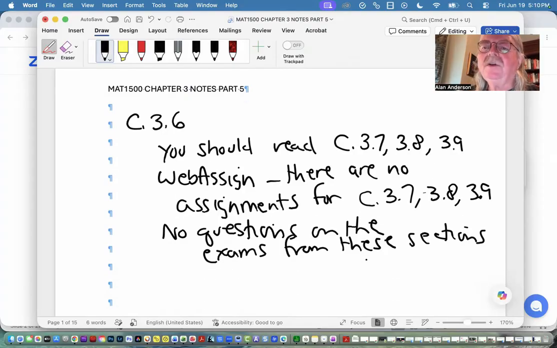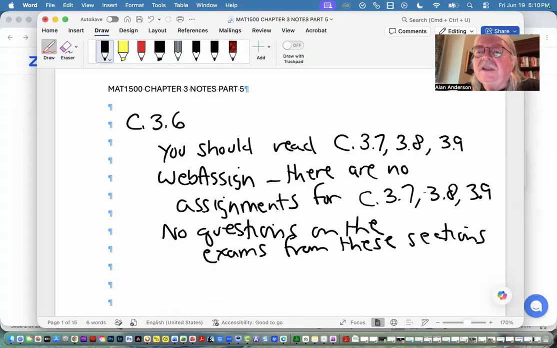3.6, on the other hand, is awfully important because it's going to give us a lot of very useful insights into the graphs of different functions. But it's not just the graphs, it's all the very important details that we can derive from looking at a function. Some of it is review, but some of this will help reinforce what we've seen so far.